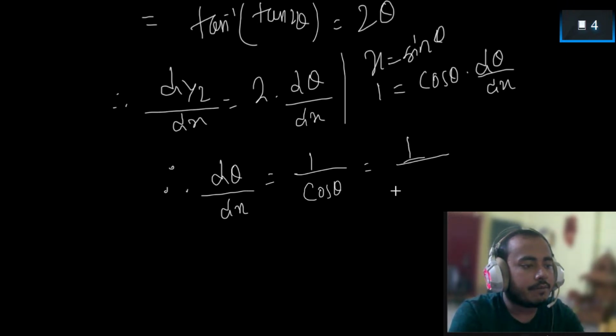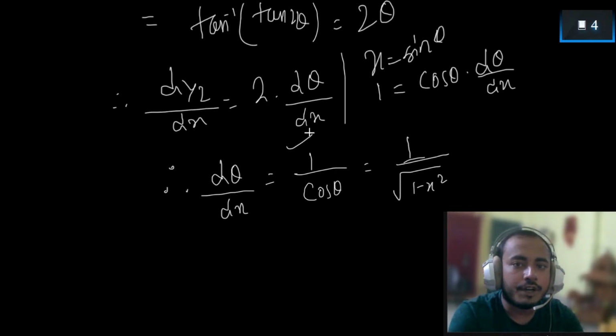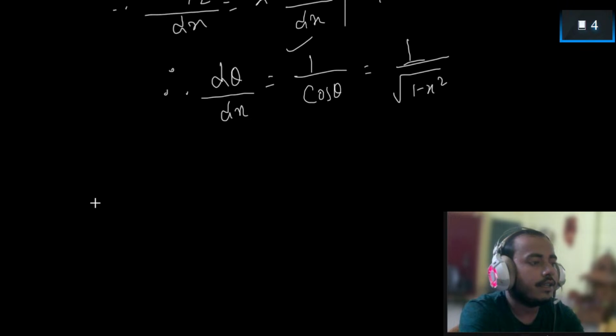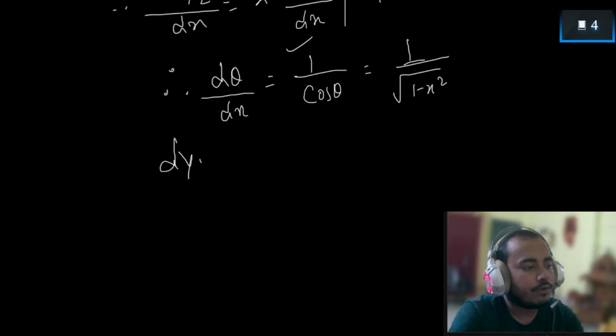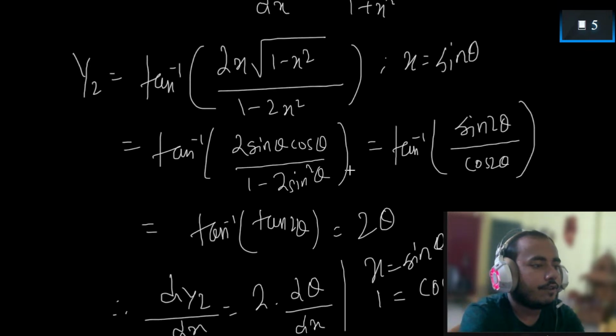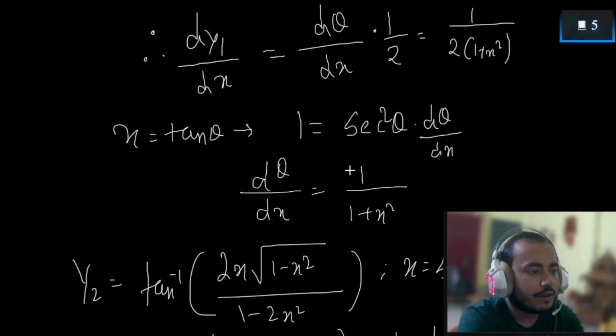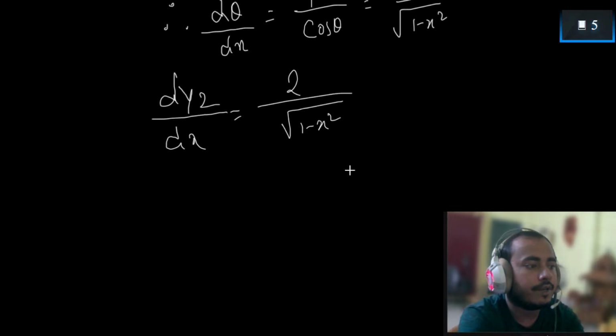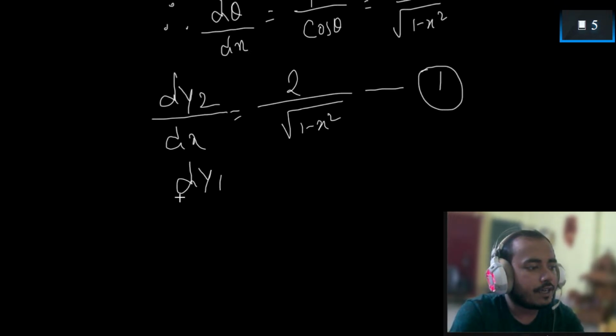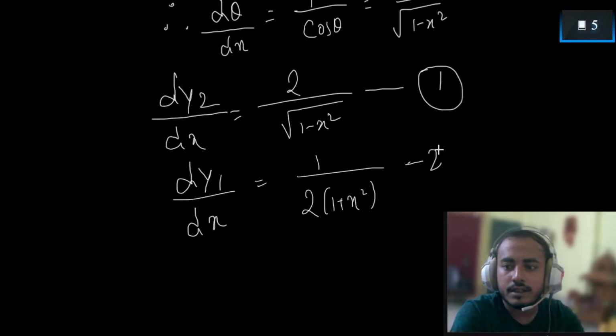You can express it in terms of x as root over 1 minus x square. And we put it here to get dy2 by dx is 2 by root over 1 minus x square. And what we found for dy1 was 1 by 2 times 1 plus x square. So previously we also found that dy1 by dx is equal to 1 by 2 into 1 plus x square, I think. Okay.